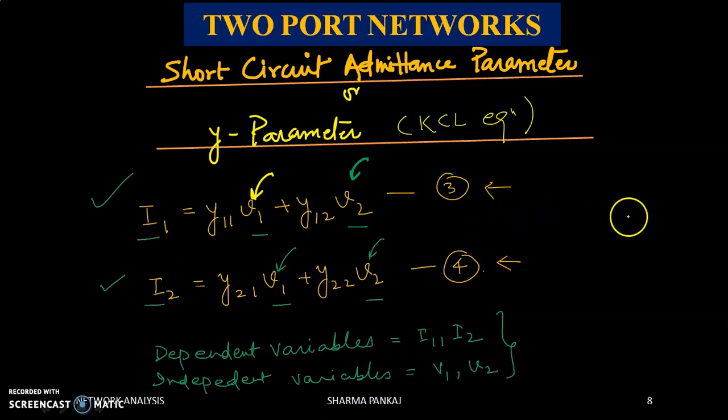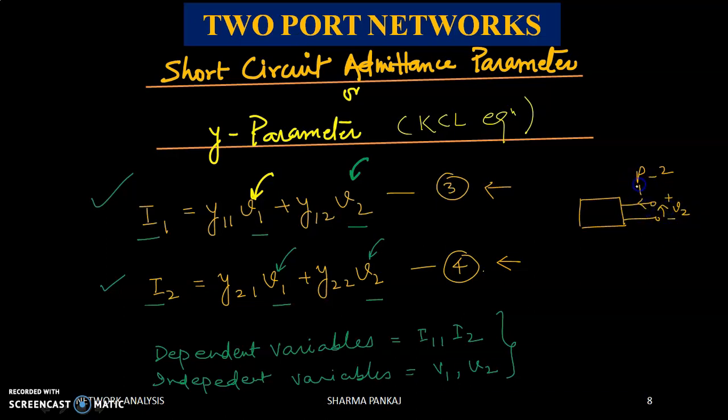This is your port. Let me draw the port once again for you. This is your port. This is port number 2. This is the voltage V2 defined, plus minus.